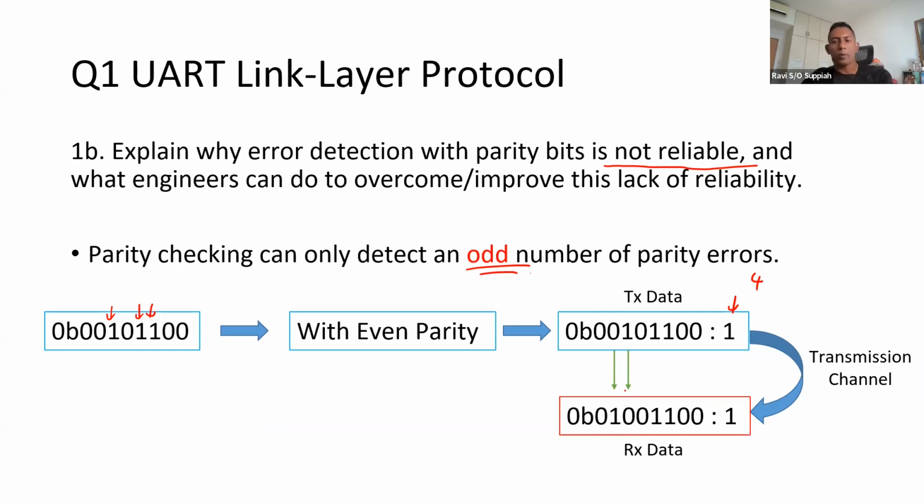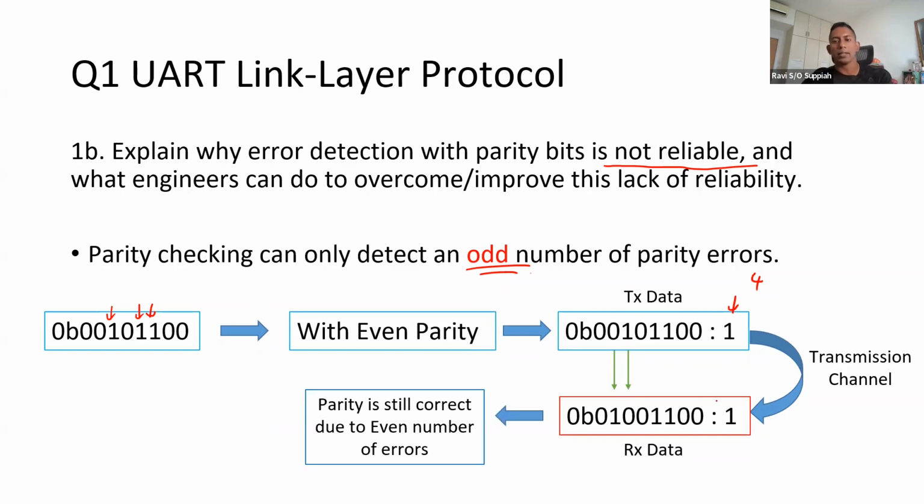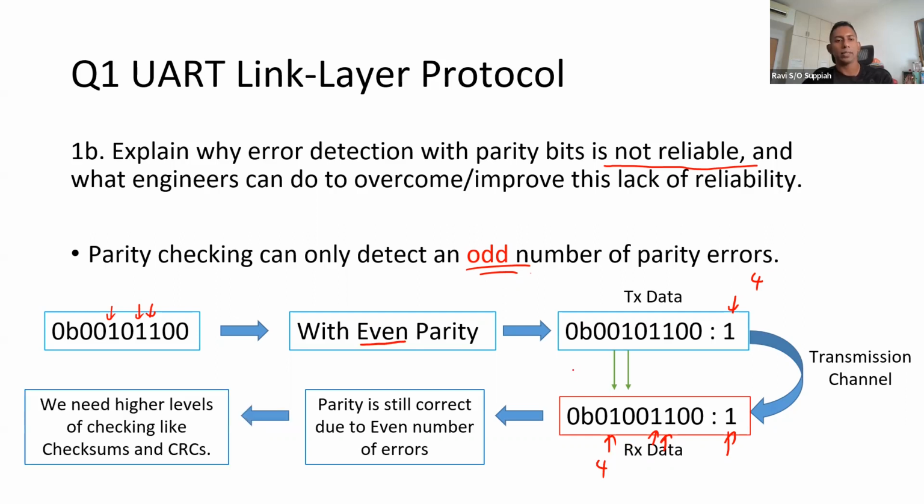If I do the parity check, you will see that I still have 1, 2, 3, and 4 ones, which agrees with the even parity. So we are still not able to detect that an error has occurred. This is of course not a very foolproof system.